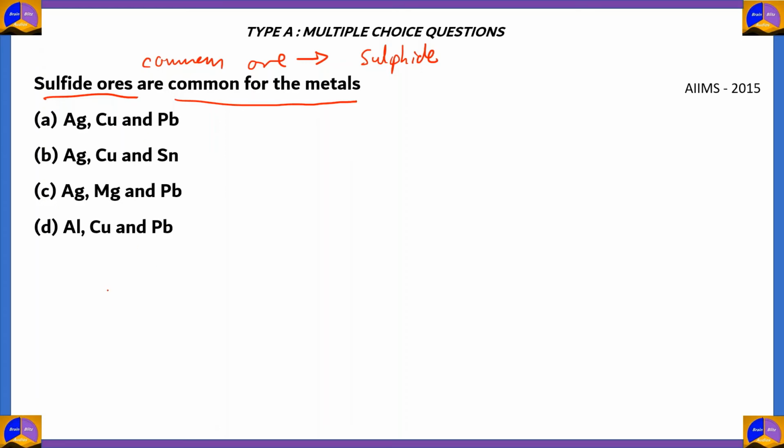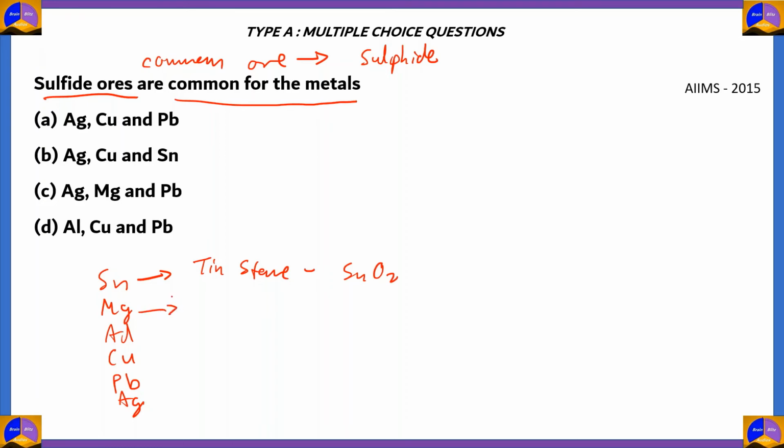So we have these metals such as tin, and then we have magnesium, then we have aluminum, and then copper, and then we have lead and silver. So for tin, the most common ore is tinstone, which is SnO2.